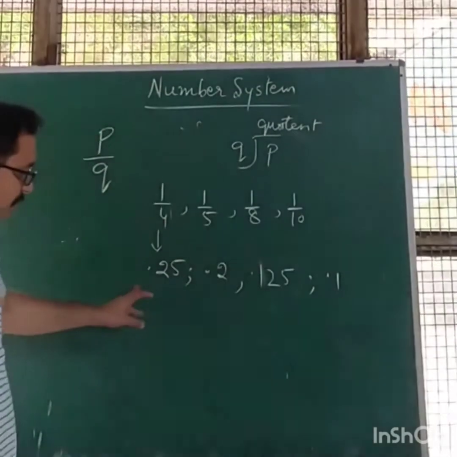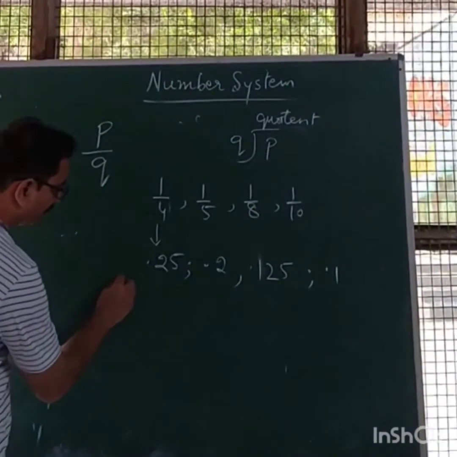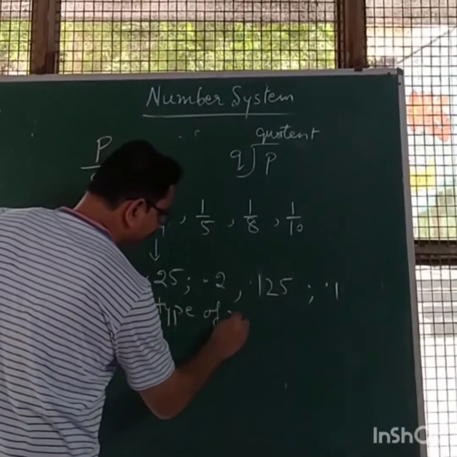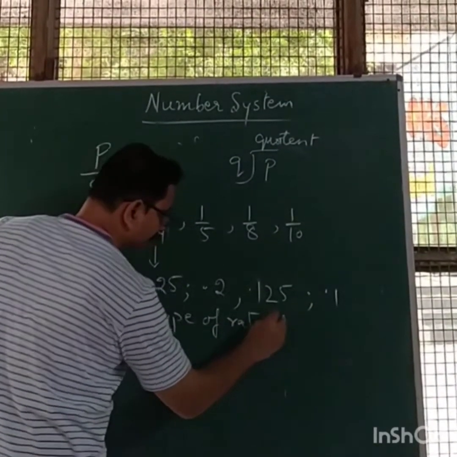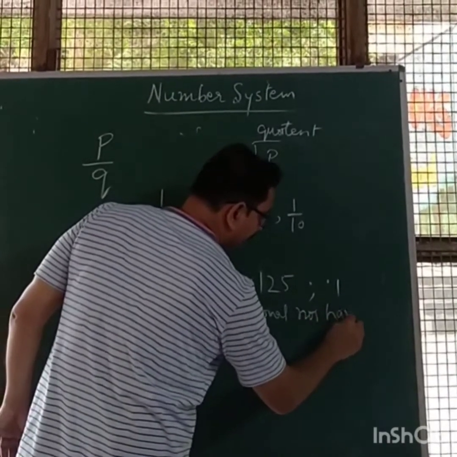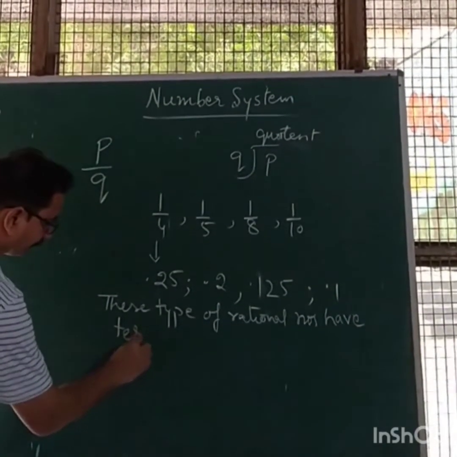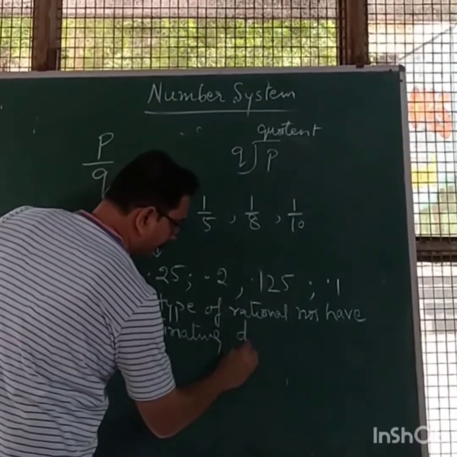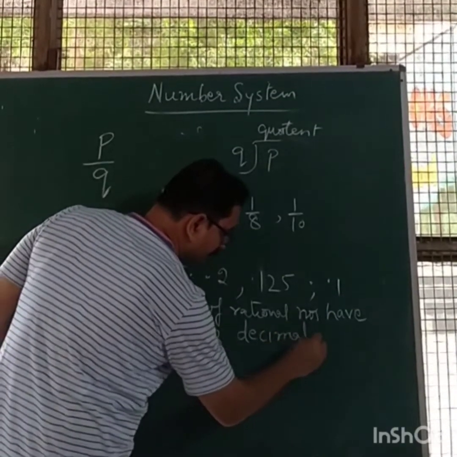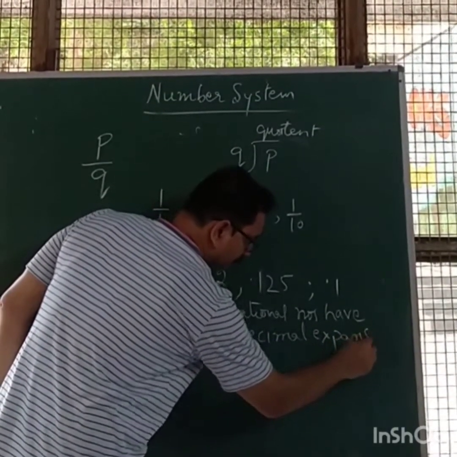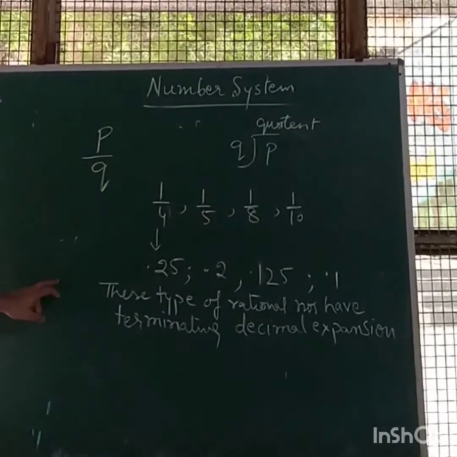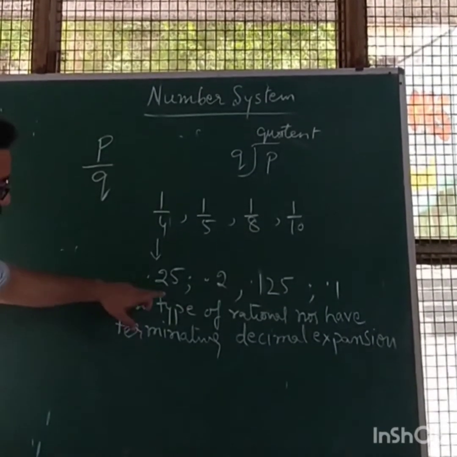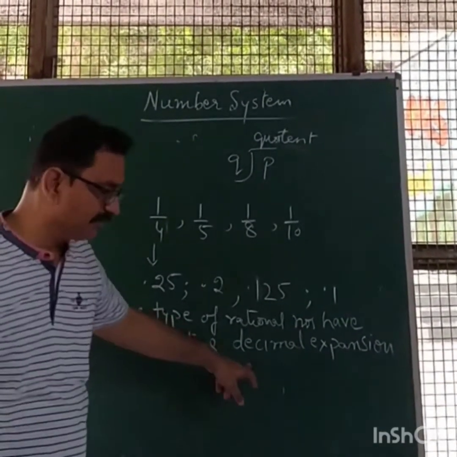So these types of rational numbers have terminating decimal expansion. Children, this point has to be noted: these types of rational numbers have terminating decimal expansion.